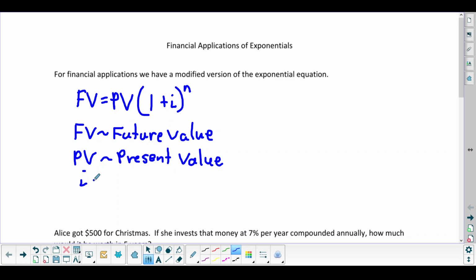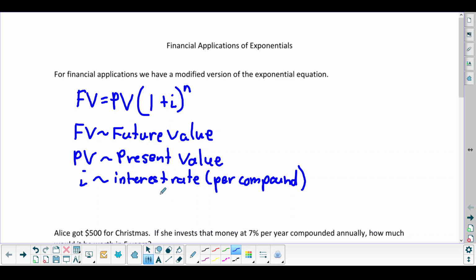i stands for the interest rate, and I'm going to put in brackets here "per compound." We aren't going to talk right now about compounding periods, but we will next lesson.